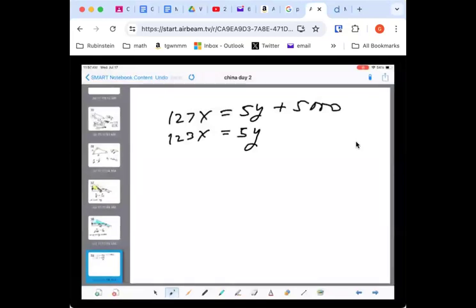Anyone know something very sneaky I can do here to solve for x? Replace the 5y with the 123x. Yes. And then subtract 123x from both sides.